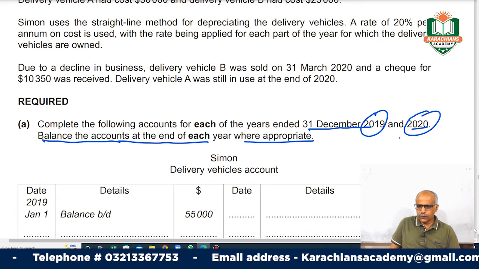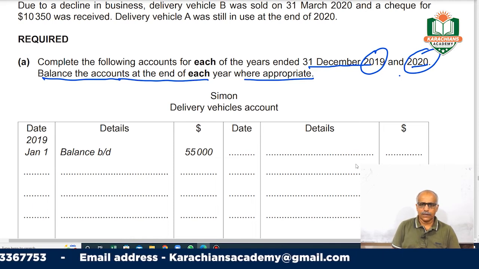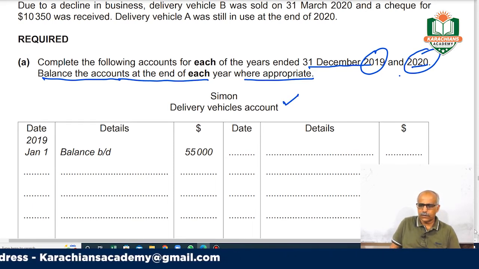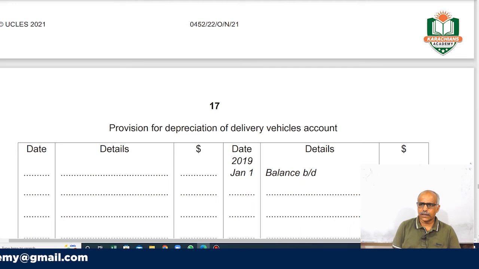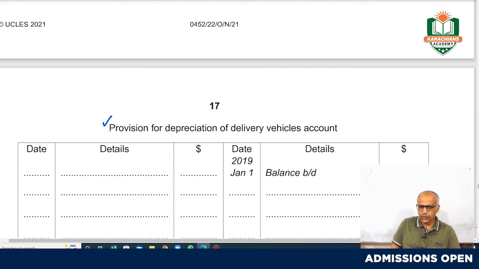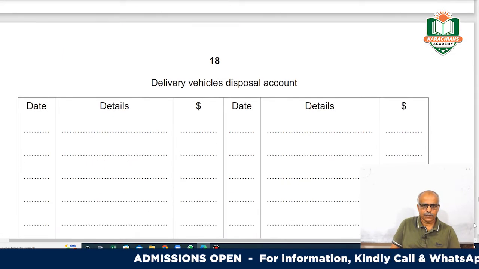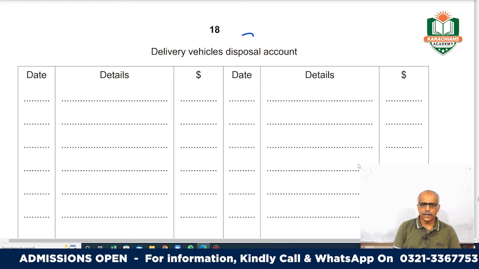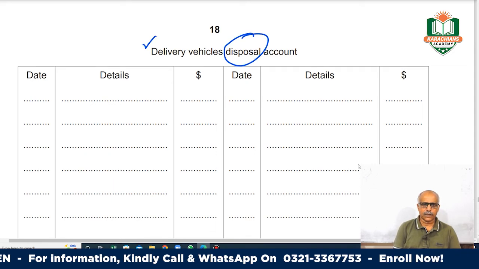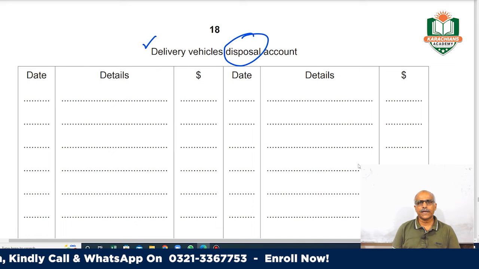And which accounts do you have to maintain? Delivery vehicle account, right? And provision for depreciation account for delivery vehicles, okay, and disposal account, vehicle disposal account. So you have to make 3 accounts.